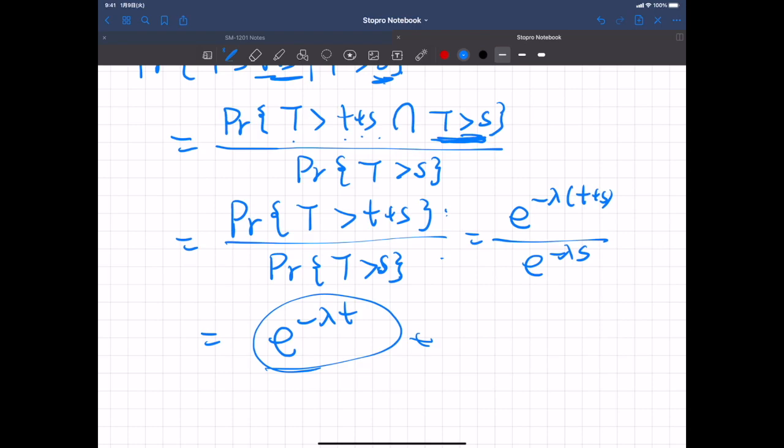So until it breaks down, it will keep working just like it used to. But in reality, many components will get kind of worn out, so the probability will be higher if you use it for a longer time. But that effect is not taken into account in this exponentially distributed model.